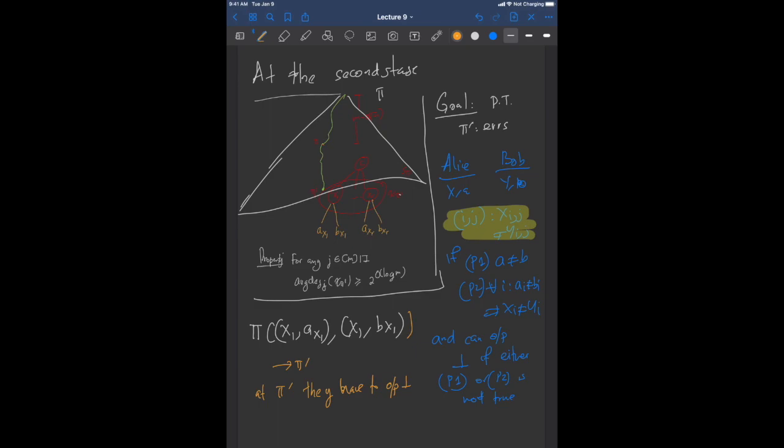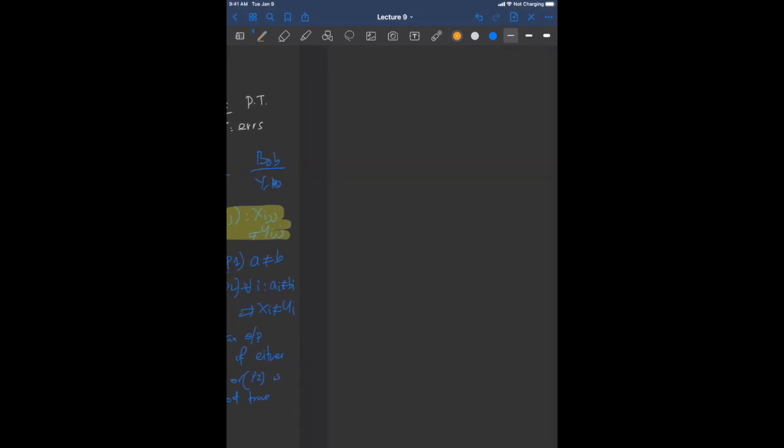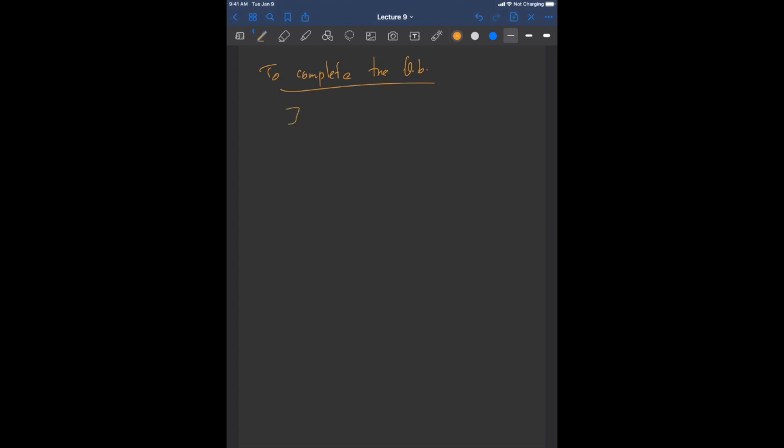Now, to prove that the protocol errs, we have to conjure some other set of inputs supported by pi dash on which they cannot output perp. So to complete the proof, the lower bound will show that there exists some xa, yb supported by the rectangle of pi.